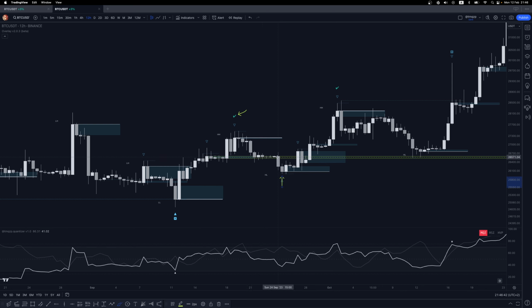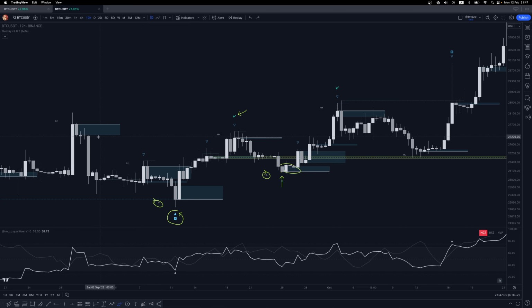Because yes, you lost this level, but now it's creating a higher low here compared to this lower low. Also, this signal is far superior to this lonely little empty triangle. These don't really mean that much. It's just telling you that there is a high that locks in. There is a sweep related to it, because these triangles only appear when there is a sweep of something.